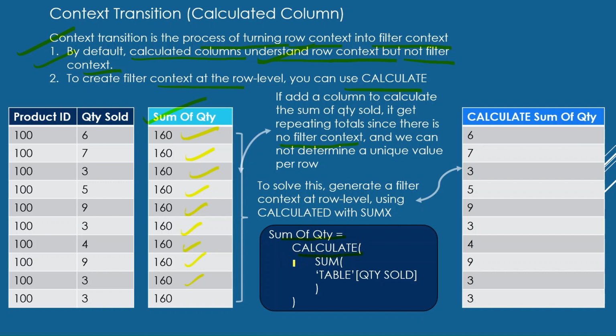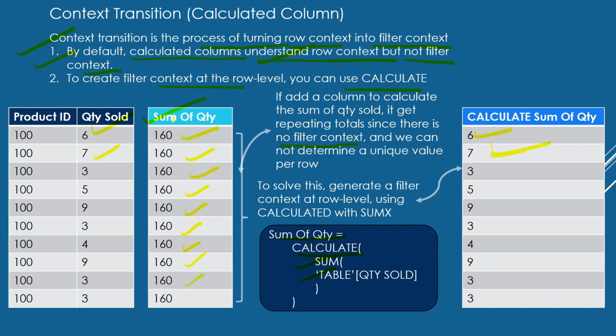In the CALCULATE, we can put whatever aggregate function we want to use. What it will do is turn the row context into the filter context, and the value will populate accurately. Here you can see, the quantity sold is 6, here 6, here 7, here 7.